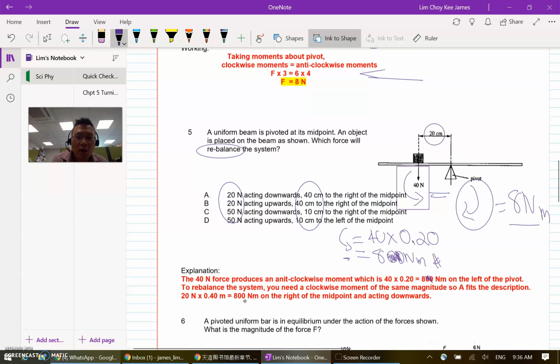So I need a clockwise moment of 8 Newton meter to counteract the anti-clockwise moment.